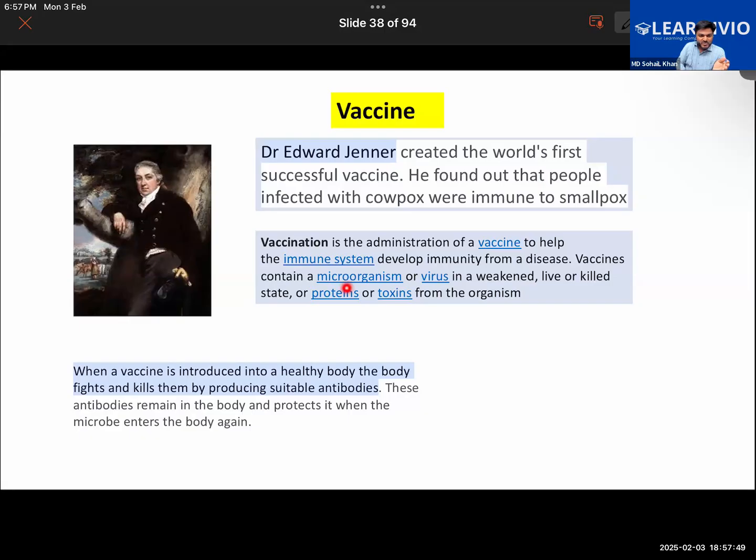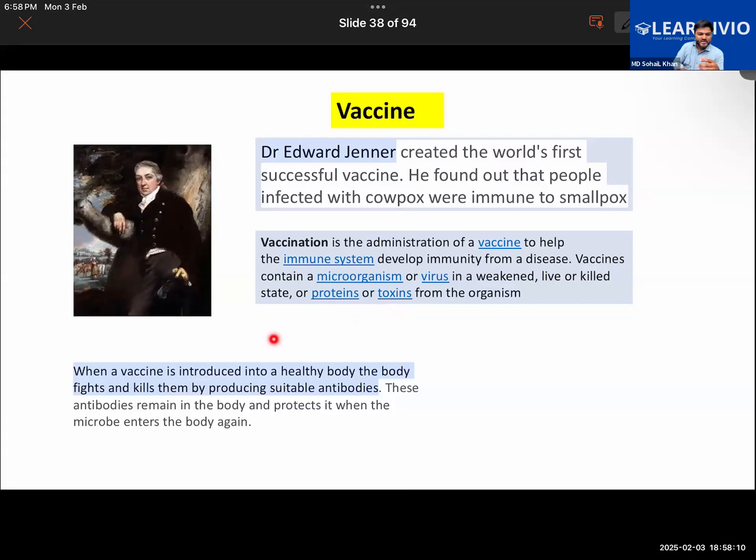Talking about what is vaccination. Vaccination is basically the administration of a vaccine, basically giving the vaccine to help the immune system develop immunity for a disease. Okay. So vaccines contain microorganisms or viruses in a weakened, live or killed state. It could be protein structures or some of the parts from its body.